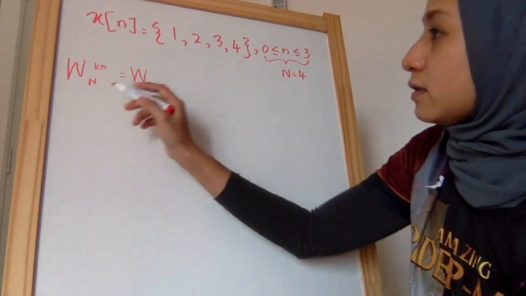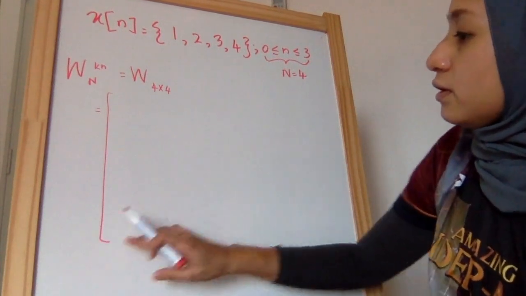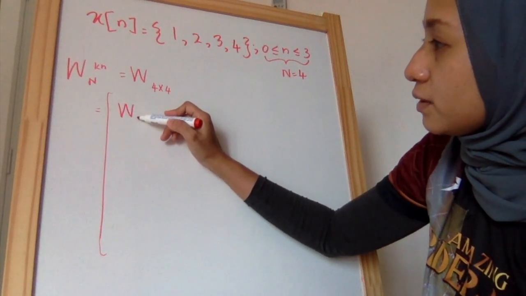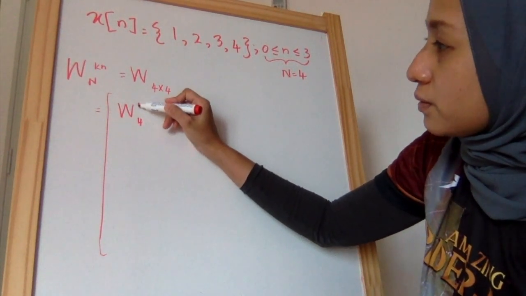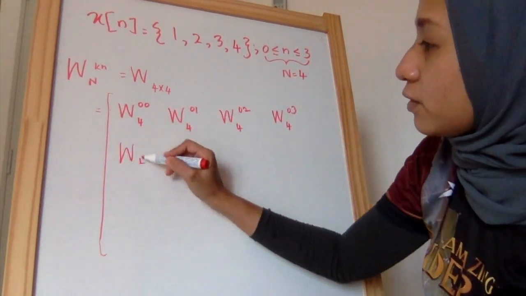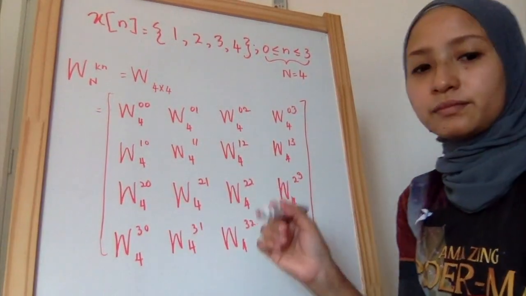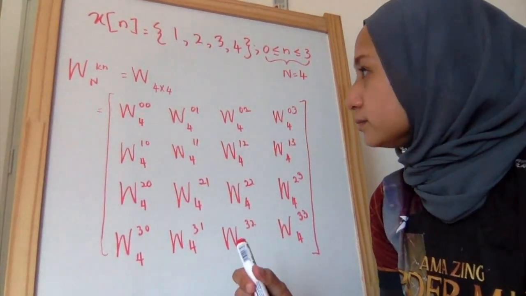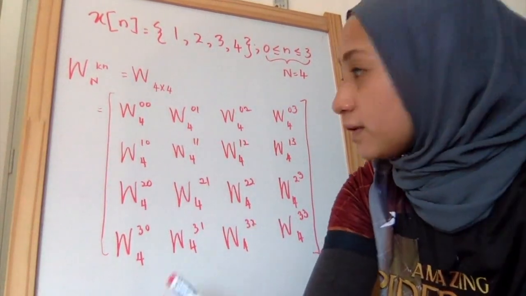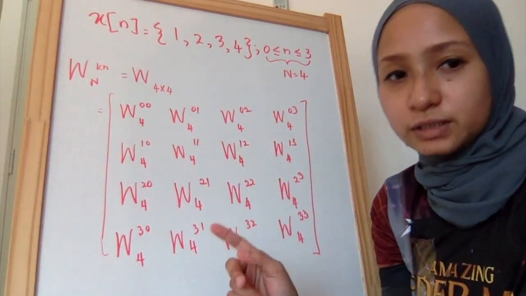Now I'm going to teach you how to find the values for this matrix. We have W_4^{00}, W_4^{01}, W_4^{02}, W_4^{03}.